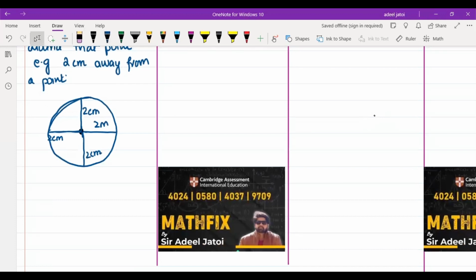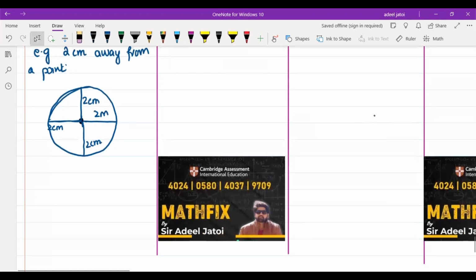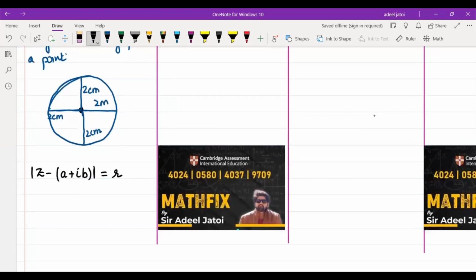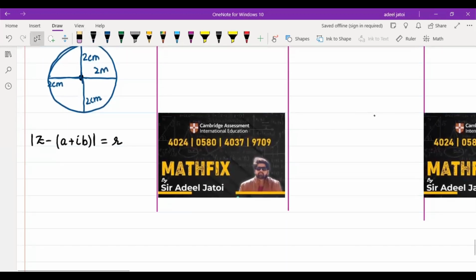But how will it be represented in the complex number? Normally, the representation of this is that we can write it in the form of modulus of z minus (a plus iota b) is equal to r. Now, a plus iota b will represent the center point.